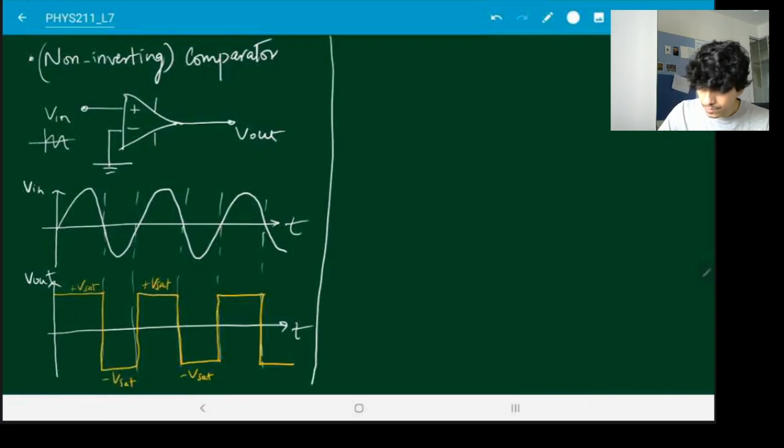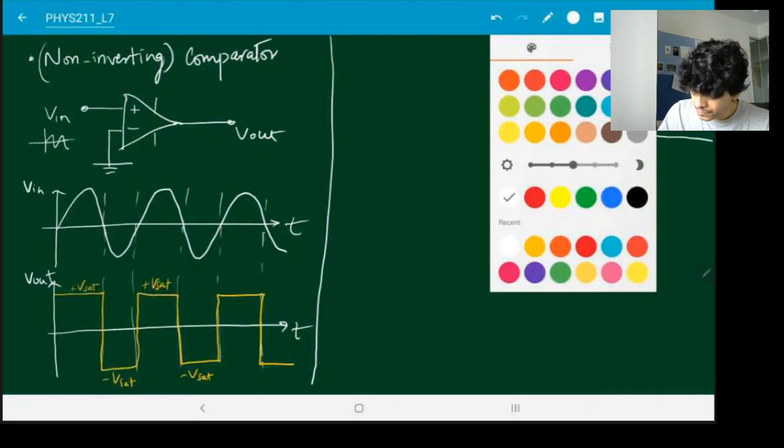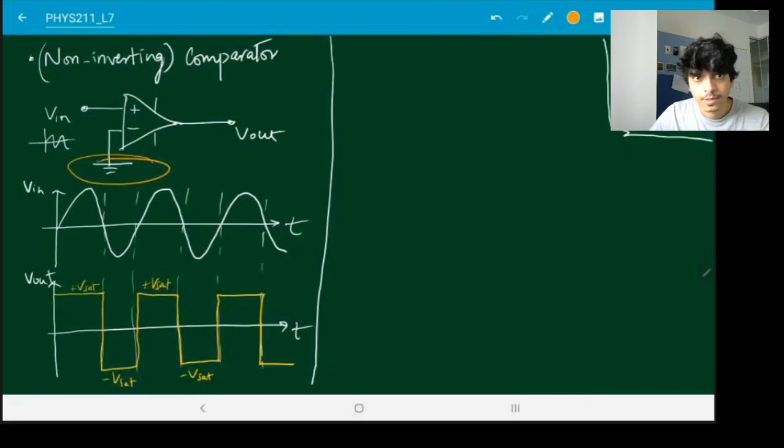Now so far our trip point was always 0 volts. What if I don't want to keep it 0 volts? What if I want to change the value of the trip point? Well, straightforward. Over here the trip point was 0 because this was at ground. If you don't want the trip point to be 0, you change the voltage over there.